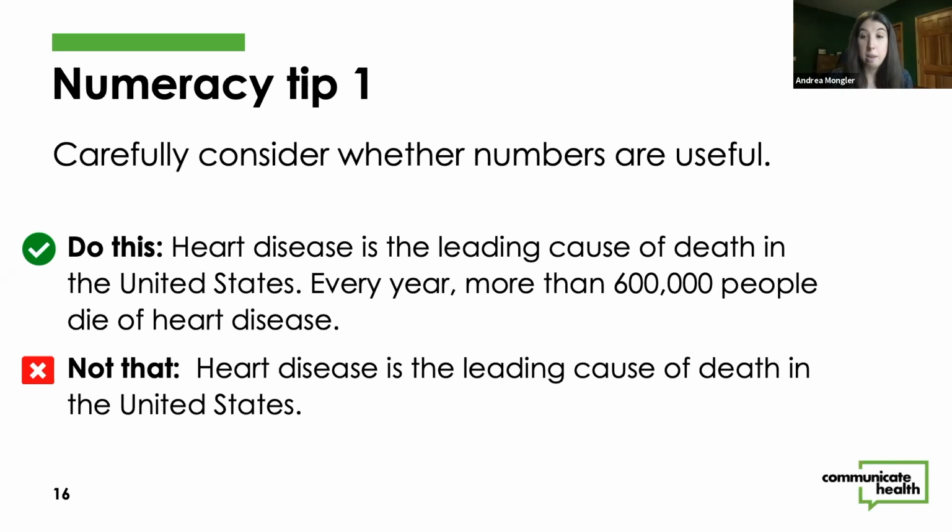So along the same lines, in that research, people consistently indicated that numbers lend credibility. So for example, we had some content that said, quitting smoking is one of the best things you can do for your health. If you smoke, your risk of lung cancer is much higher than someone who doesn't smoke. So yeah, we know that, and we also had a version that included an extra sentence that said, if you smoke, you're 15 to 30 times more likely to get lung cancer.